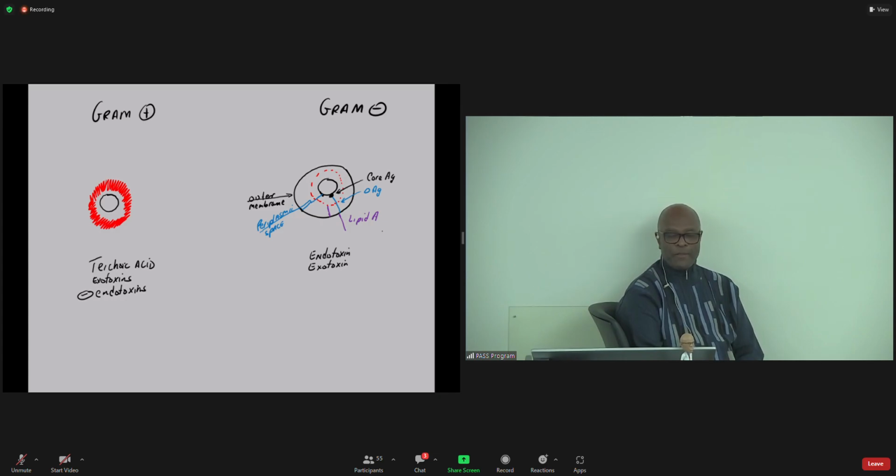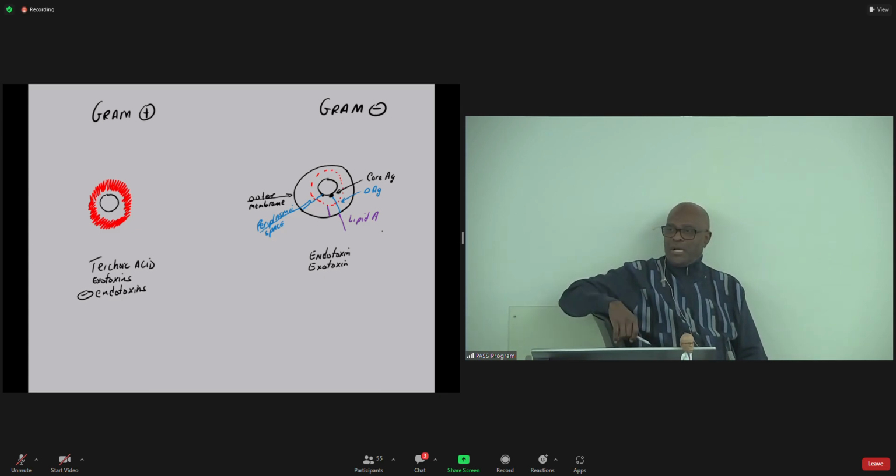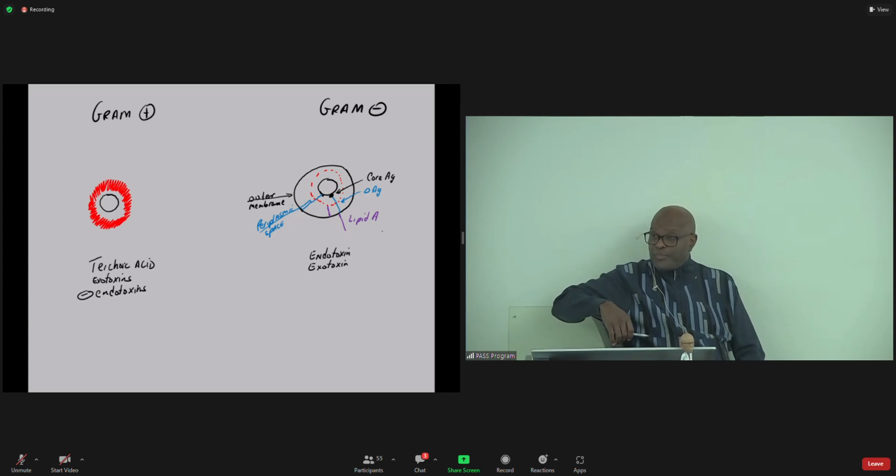Okay. So that means, Ramunda, which one of these three pieces is going to cause the most inflammation? The O, the core, or the lipid A? Lipid A, close, but not the best answer. Ashley, which one are you picking? Which one's going to cause the most inflammation? Core.